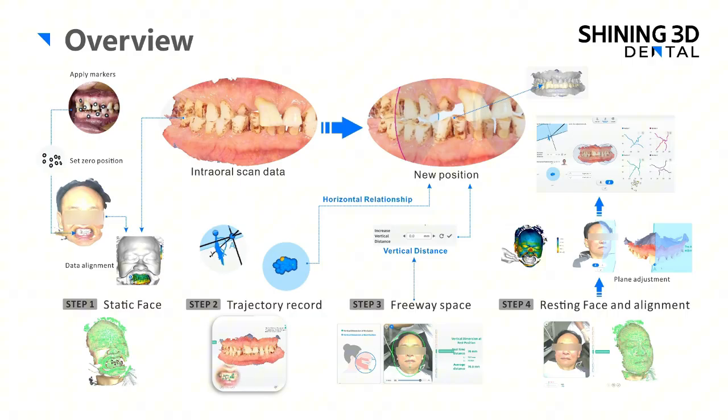The fourth step here is to do a resting face and alignment scan, and then we can set the coordinate system based on the resting face we scanned. After that, it is left for the pre-designed interface to adjust the position for the patient in order to get a healthy freeway space and also choose the right trajectory for the patient. Once we have the horizontal and the vertical, we combine them together to get the new position to design the splint.